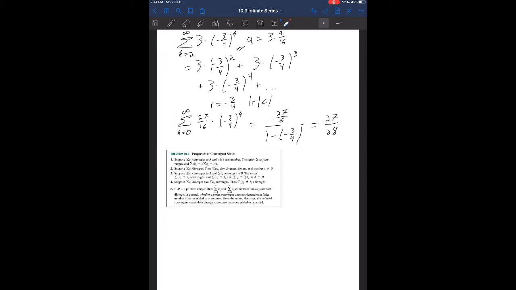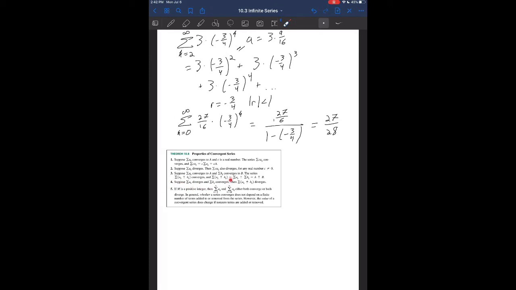The third one is, again, very similar to integration. There's a lot of connections between integration and series, which is why it's covered in a calculus course. But we can pull out addition. So if we know that both of our series converge, we can split it up, so we're just looking at the sum of the first one and the sum of the second one. Okay.